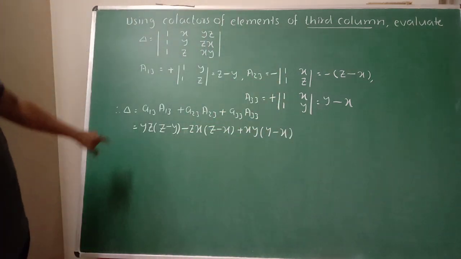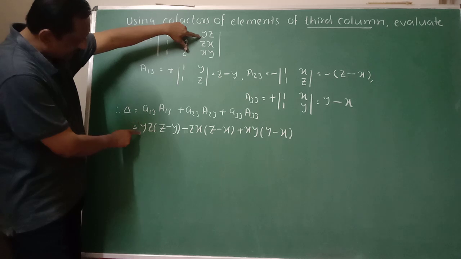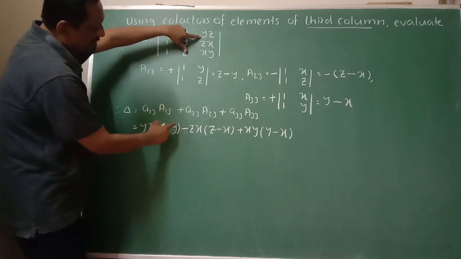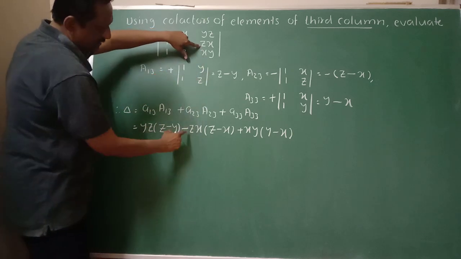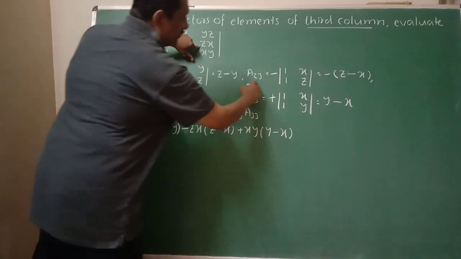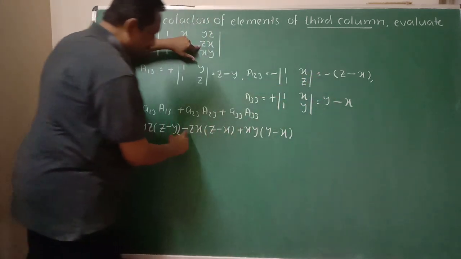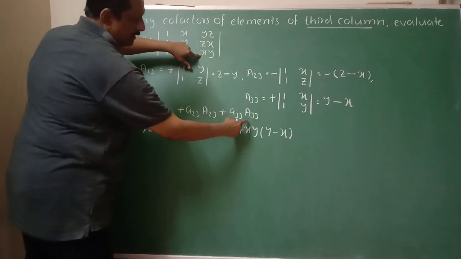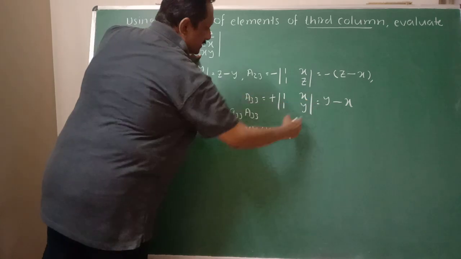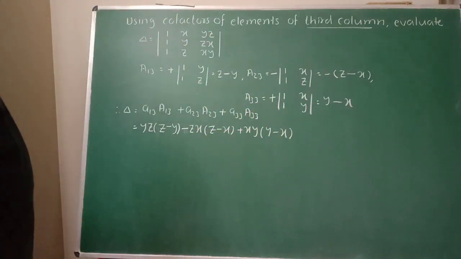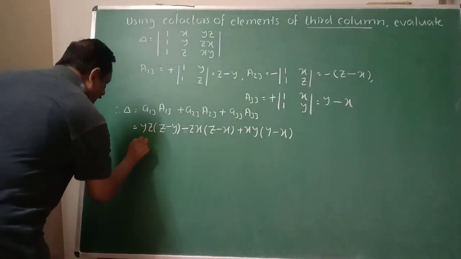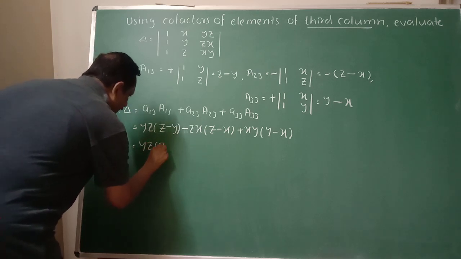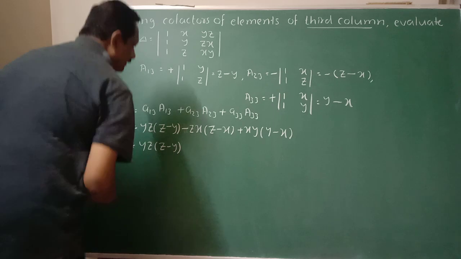So a13 is yz, capital A13 is z minus y. a23 is zx, A23 is minus of z minus x. a33 is xy, capital A33 is y minus x. So you simplify. Write this term as it is, yz into z minus y.